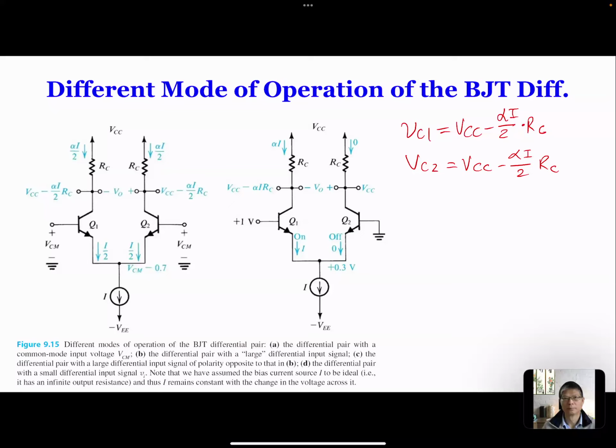Well, because the current over here is the emitter current. What's the relation between emitter current and collector current? It's alpha. So if I want to refresh you guys, IC is equal to beta times IB, and IE equals IC plus IB, which equals 1 plus beta times IB.